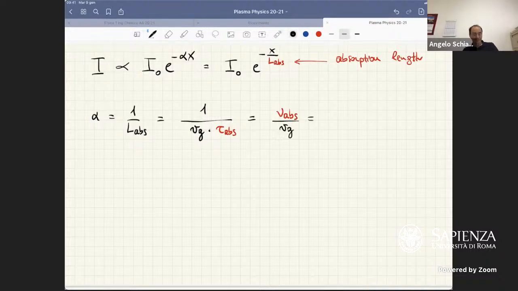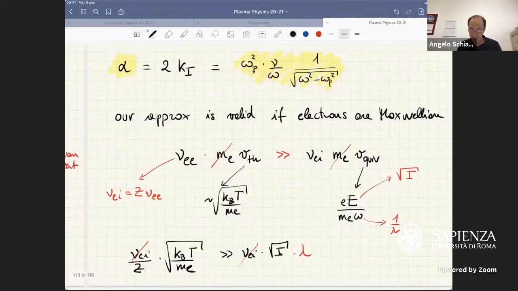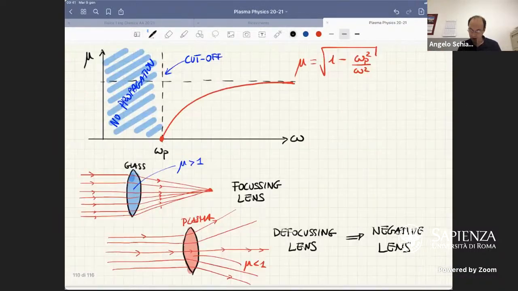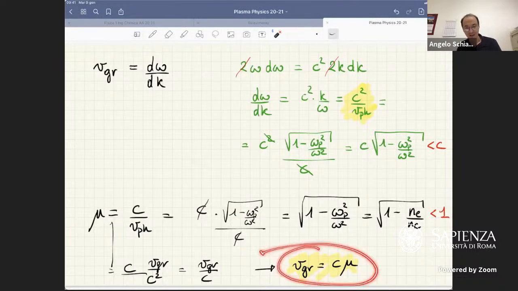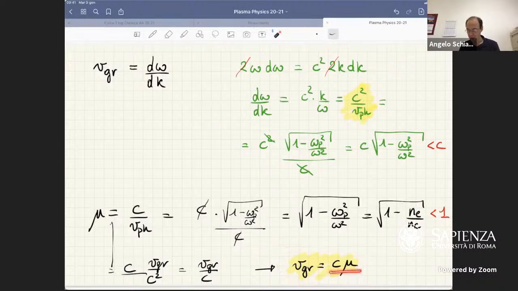And V group we found last lecture: the group velocity for an electromagnetic wave in plasma, so for the laser when it's traveling in the plasma, is c times the refractive index.